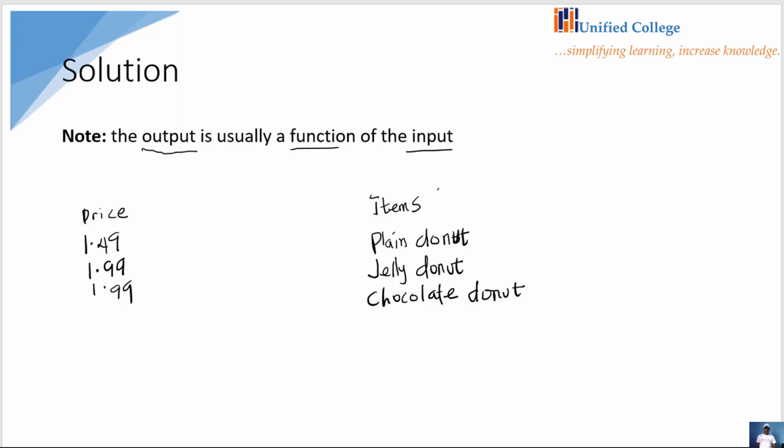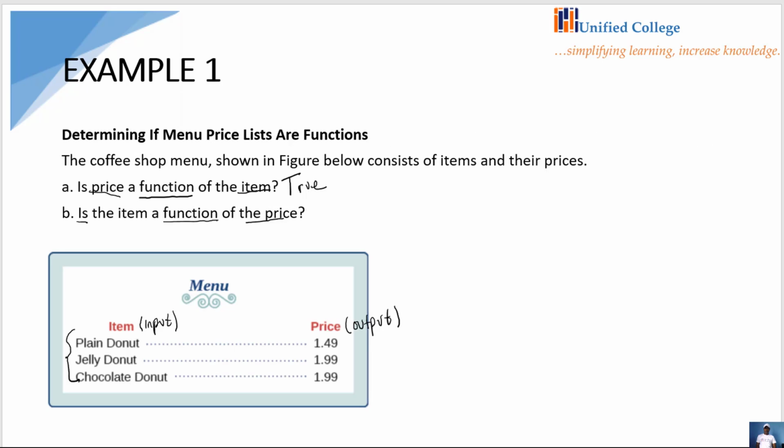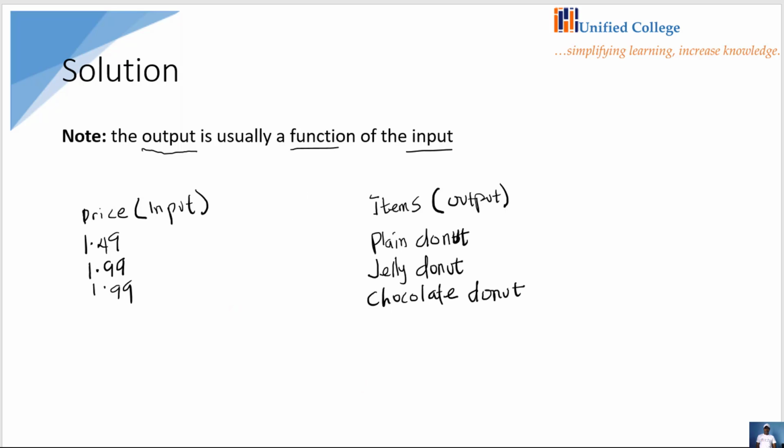Now we said here we have our outputs, and here we have our input. Don't forget, the output is usually a function of the input. To answer the question, is the item a function of price, we need to look at the inputs. Are all of them unique?